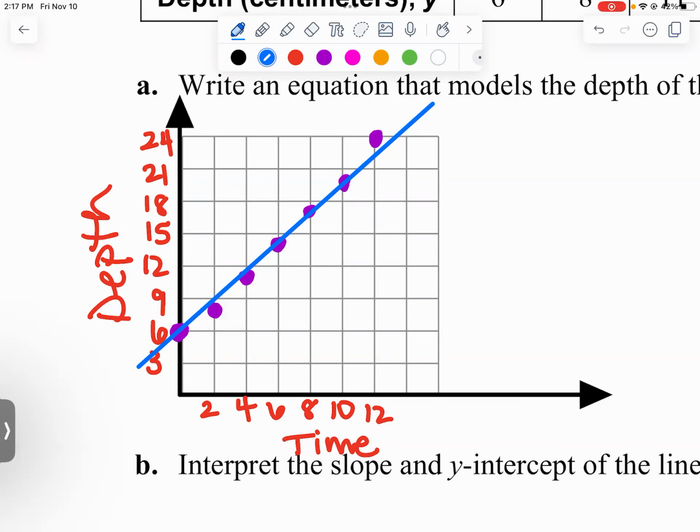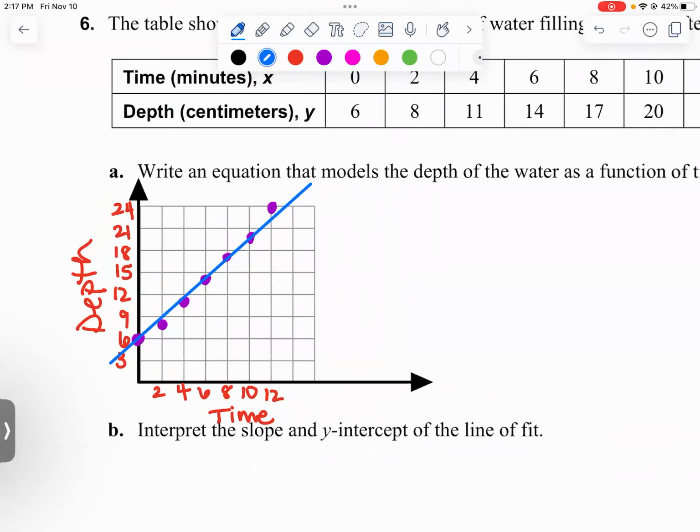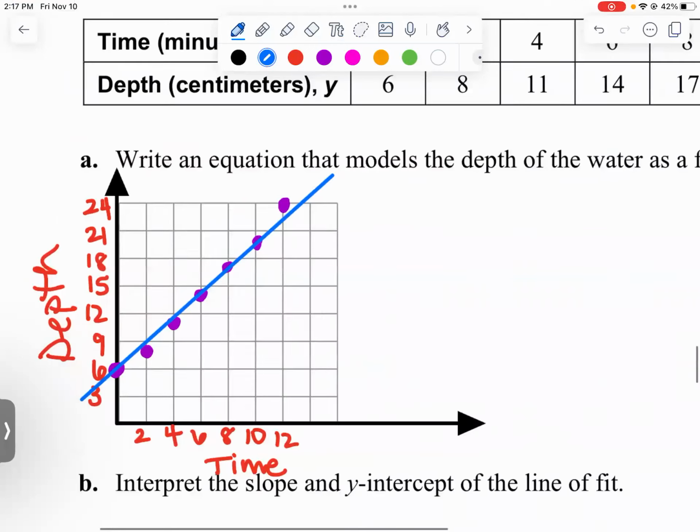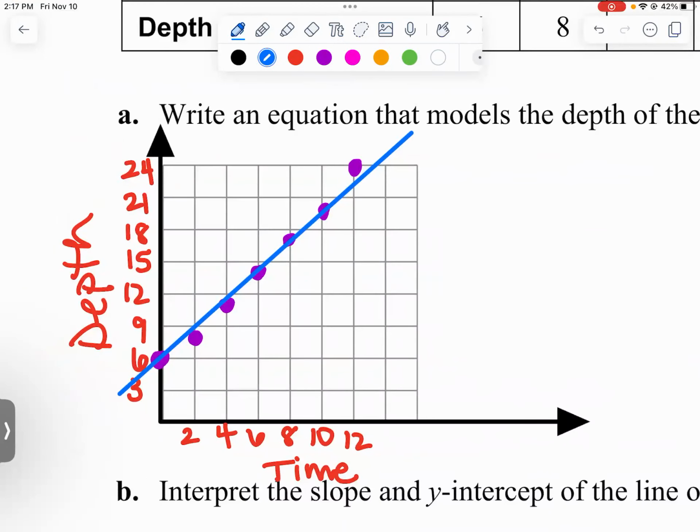And what would it be representing? Slope is rise over run, correct? Rise is depth in centimeters. Our run would be time in minutes. So whatever number it is, it's going to represent the centimeters per minute our tub is filling up. I would hope that's a positive number if we're filling up a tub, right?